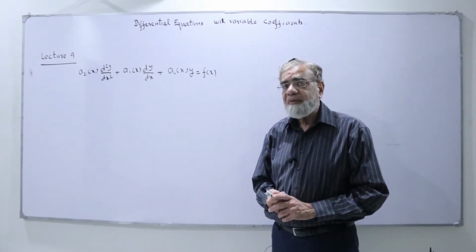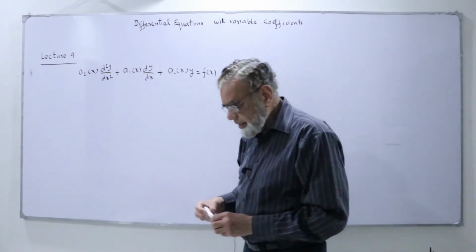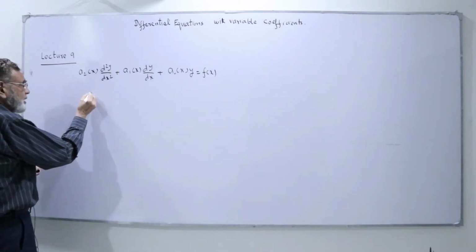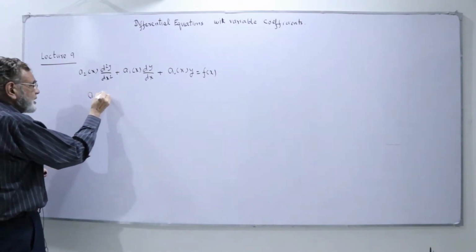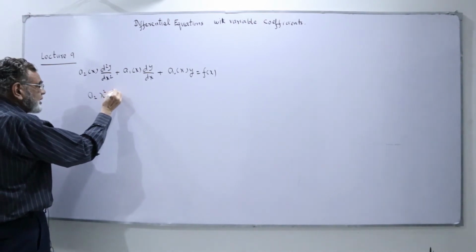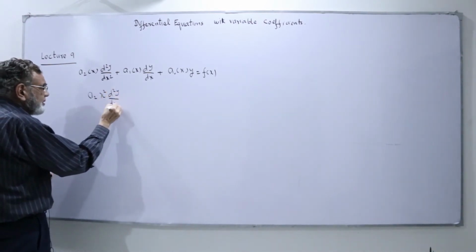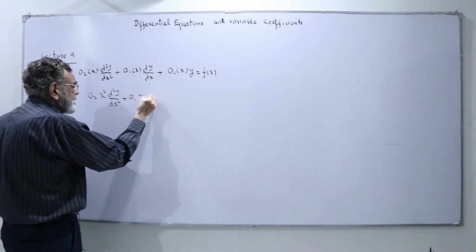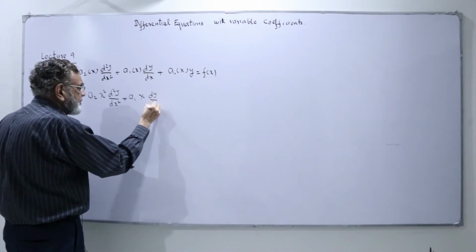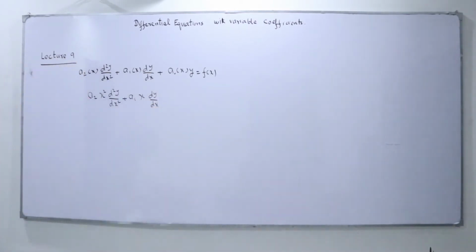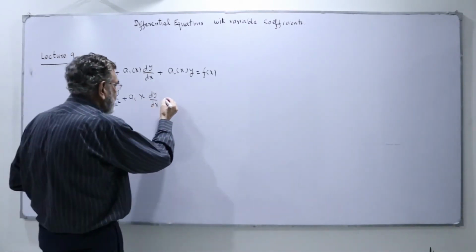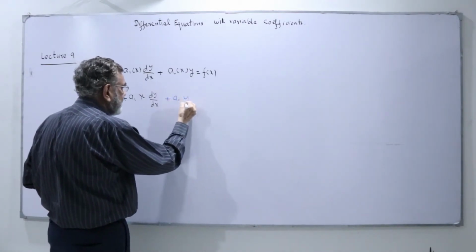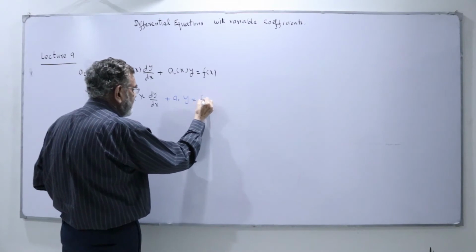We take a very special case, where we control our coefficients. We have a2 x square d2y by dx square, plus a1, a constant, times x dy by dx, plus a0, and y is equal to f of x.